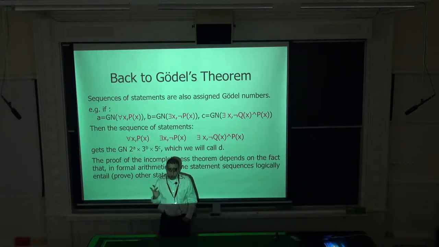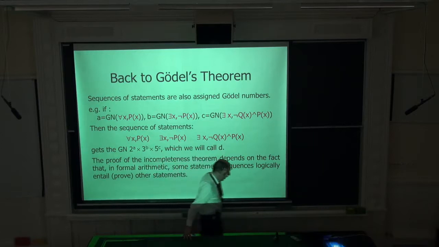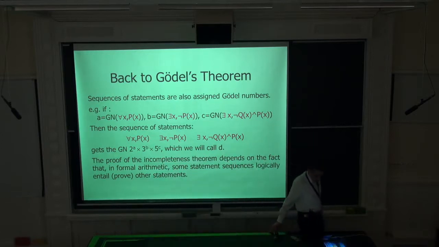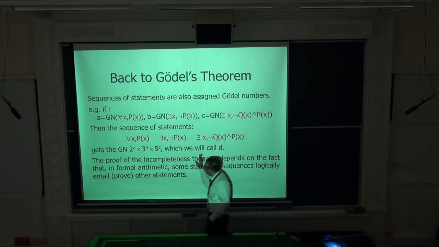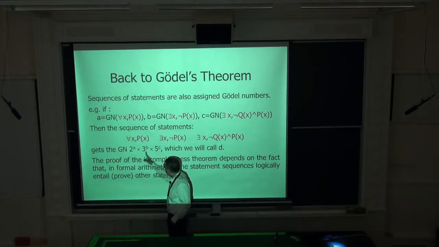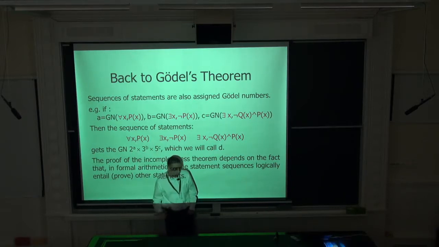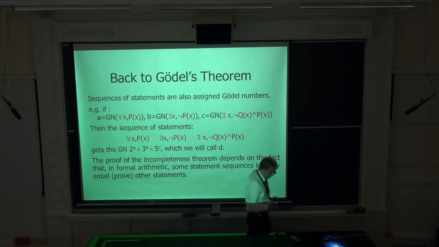Now, if you want to decode the number which is encoded there, what you would have to do is first take the Gödel number that represents the sequence. Then you take the multiples of 2 that you can find inside. So you extract all multiples of 2.